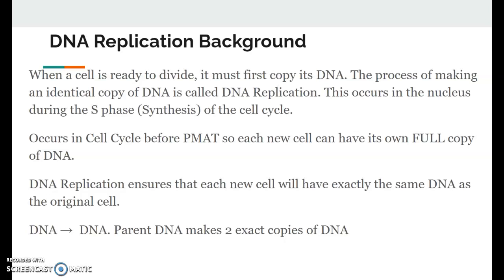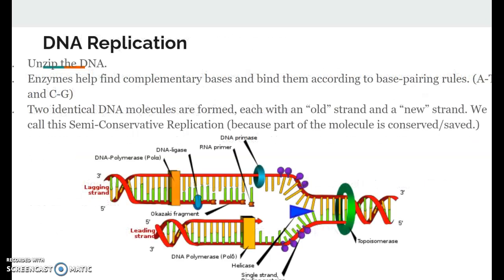All right. So a parent DNA makes two exact copies. I should tell you that it's semiconservative. Okay, there. All right. So in DNA replication, the first thing that happens is that the DNA is unzipped. Again, be thinking about why is it that we had weak hydrogen bonds in that middle, right?